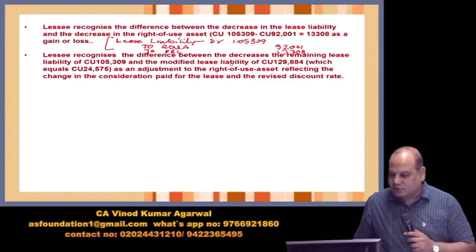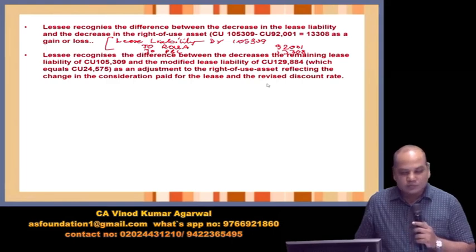Lessee recognizes the difference between the decreased remaining liability of 1,05,309 and the modified lease liability, which is 129,884, equal to 24,575. Check, is it right? As an adjustment to the right of use asset, reflecting the change in the consideration paid for the lease and the revised discount rate.